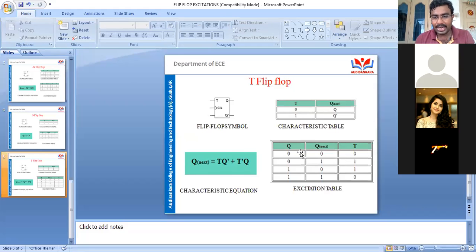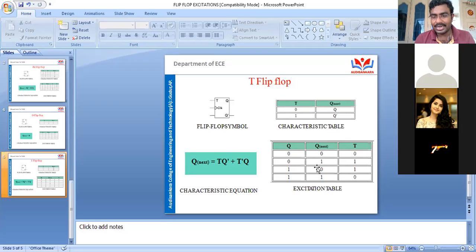Okay, look here, guys. I'm taking different combinations of present state and next state to design the excitation table: 0 0, 0 1, 1 0, 1 1. You already know, if your input is 0, then your output is exactly the same as your present state.